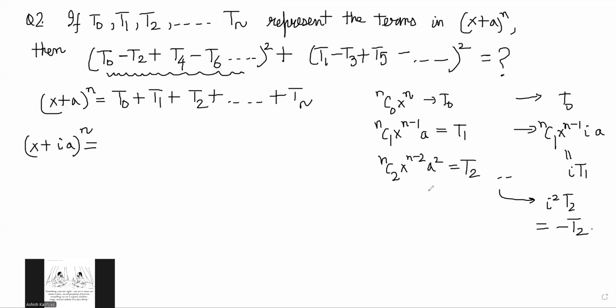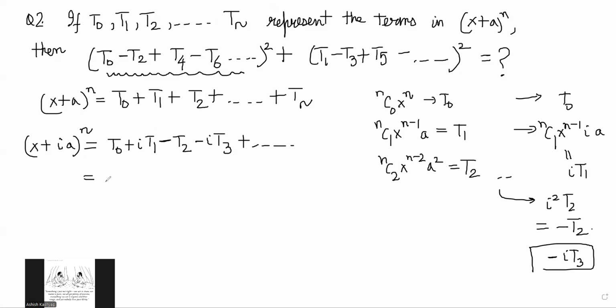Similarly, i cubed will be minus i, so it will be minus i t3 next, right? So when I replace a with ia, I'm getting terms like this: t0 plus i t1 minus t2 minus i t3 and so on.